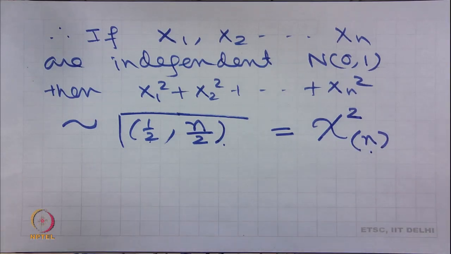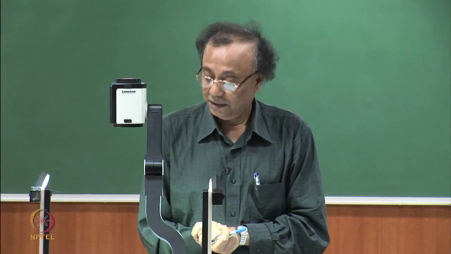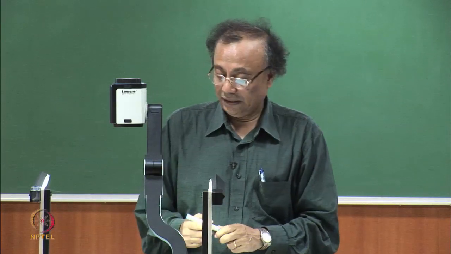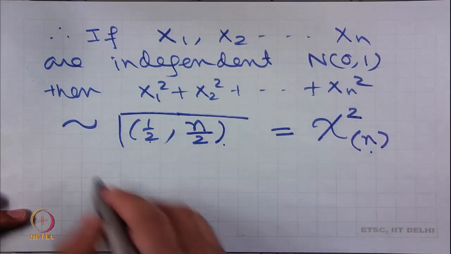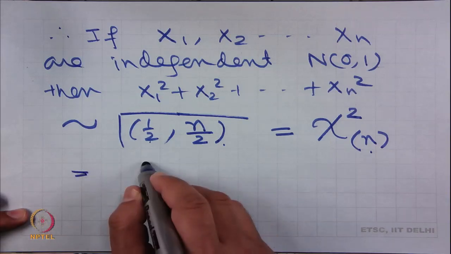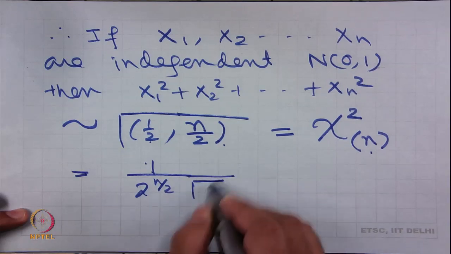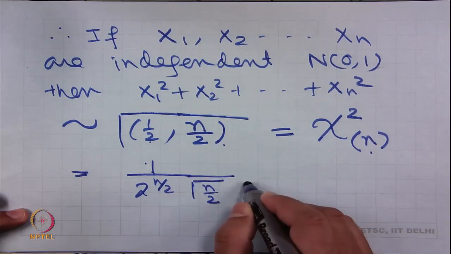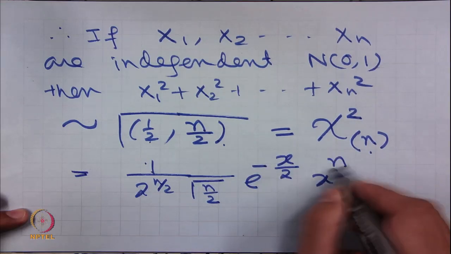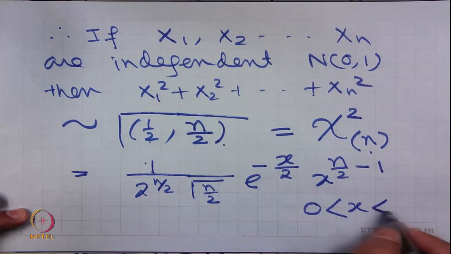So, sum of square of n independent normal random variables is chi-square with n degrees of freedom, and we can write its PDF very simply, which is equal to lambda power alpha upon gamma alpha into e to the power minus lambda x, x to the power n by 2 minus 1 for 0 less than x less than infinity.